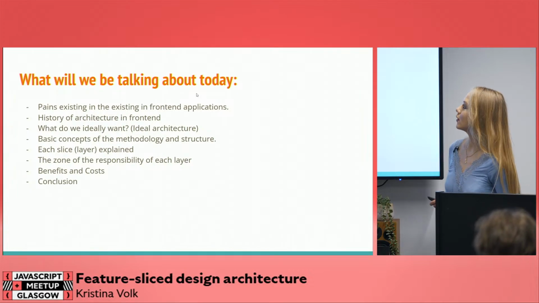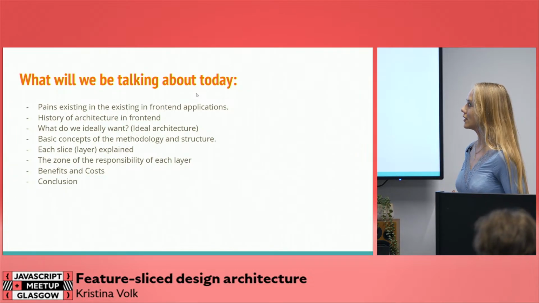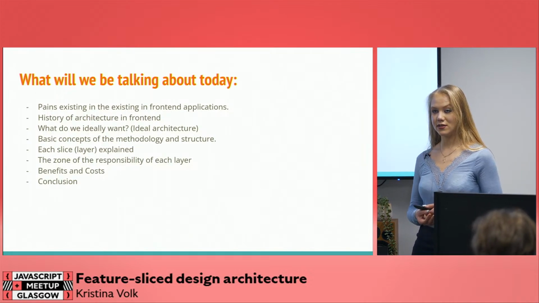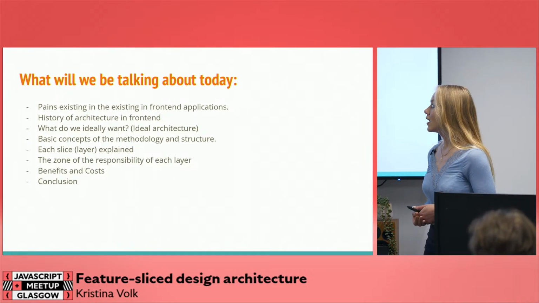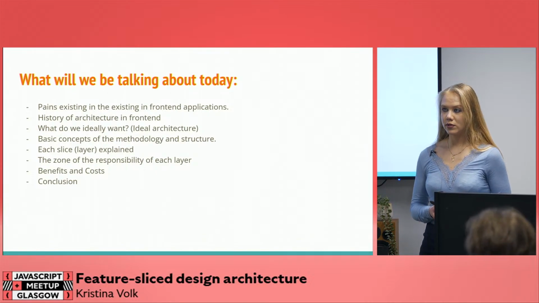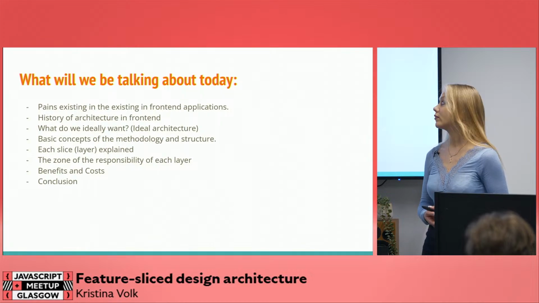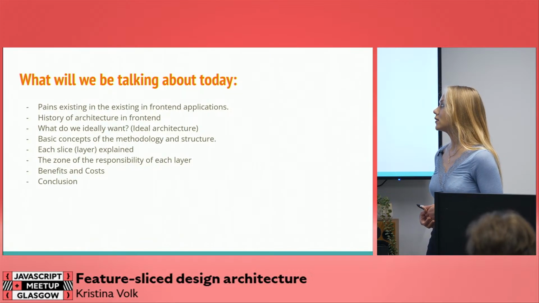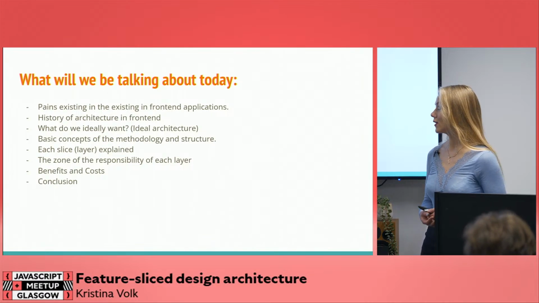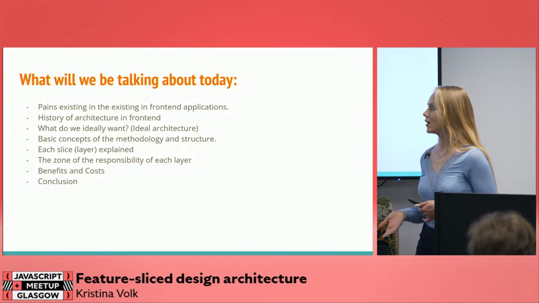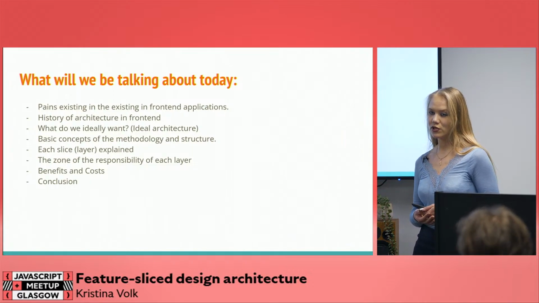So what we'll be talking about today: first, what exists in our front-end world, then a little bit of history. We're not going to dive too deeply, just a brief overview. Later we're going to find out what we actually want from our architecture, and then I'll introduce the core concepts of feature-led design.